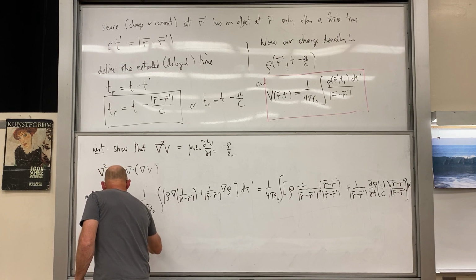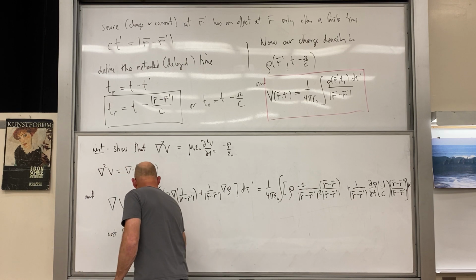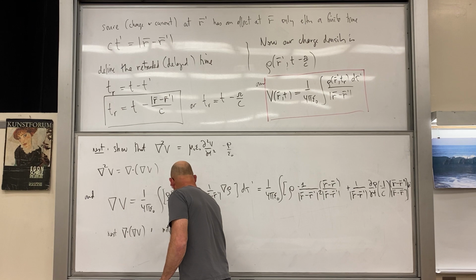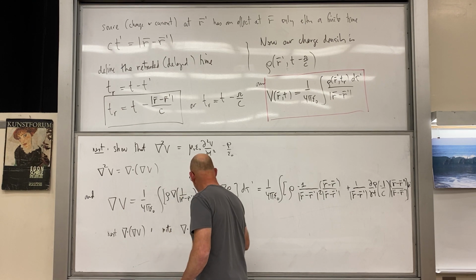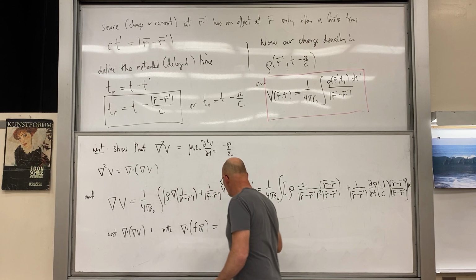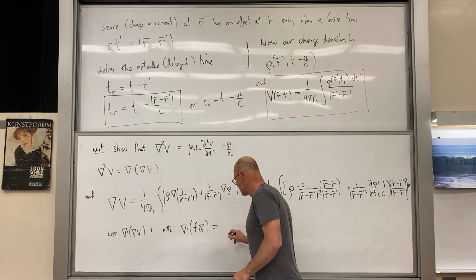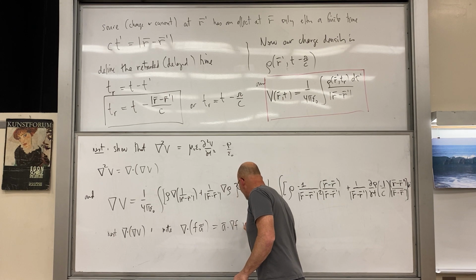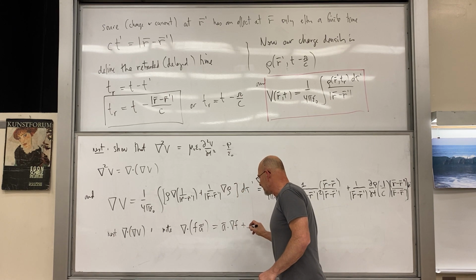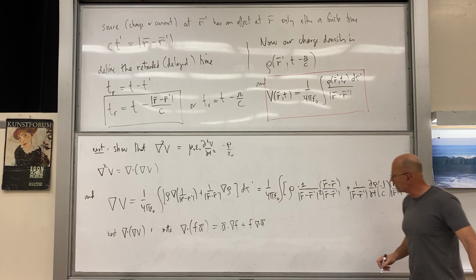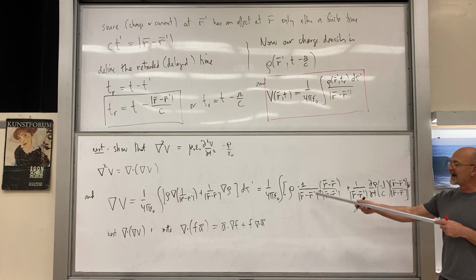divergence of gradient V. And I'll just recall or note that the divergence of a scalar times a vector is equal to the vector dotted into the gradient of the scalar plus the scalar times the divergence of the vector. And so we need these product rules because this is what we're looking at right here.